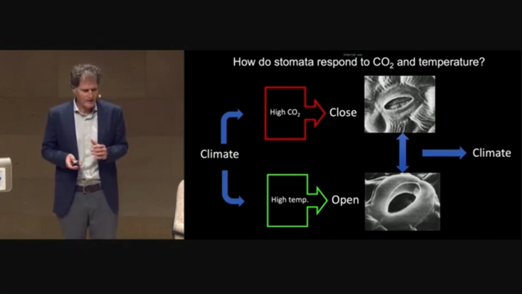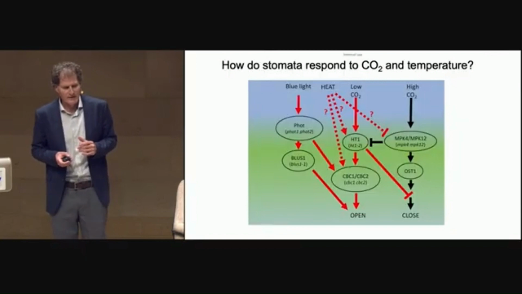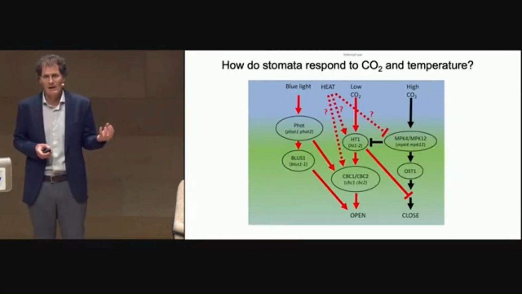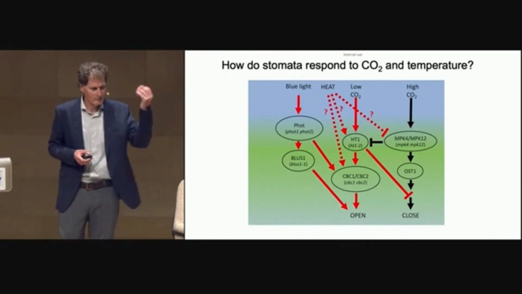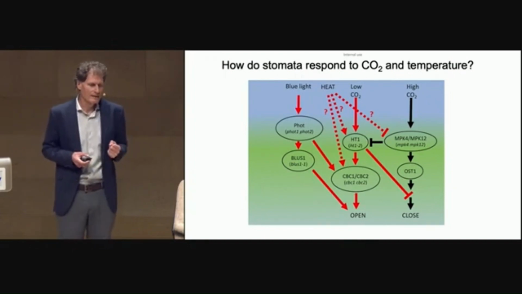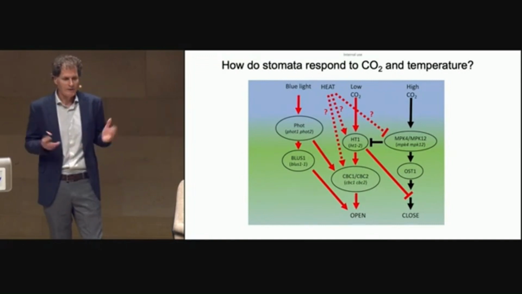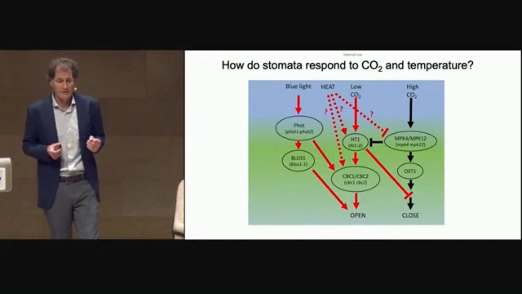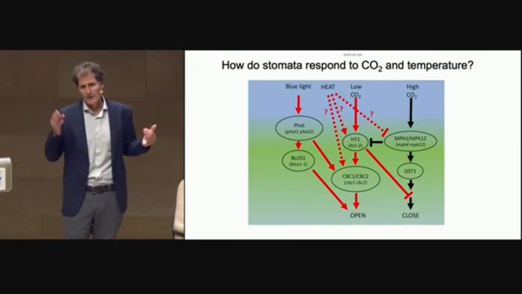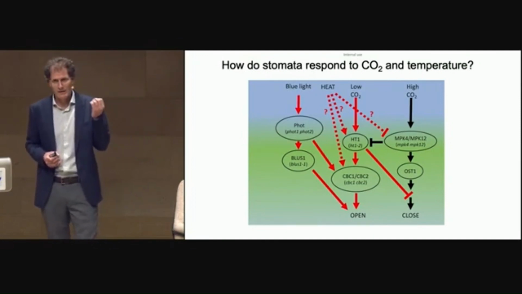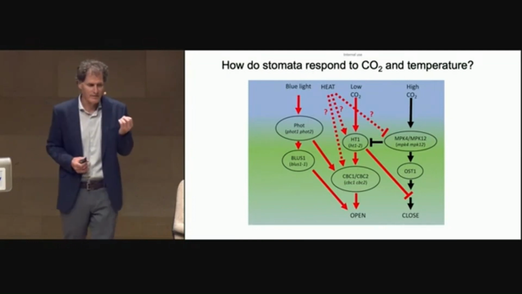And so we wanted to know more about that process. The first question I asked my molecular colleague in this process was, what genes do we have for understanding heat response of stomates? And he said, well, we don't really have any signaling pathways. We know about blue light, we know about CO2, but we really don't know anything about the heat sensing and response of stomates.